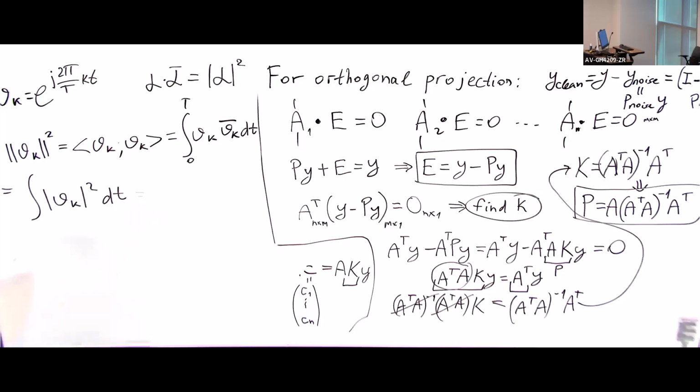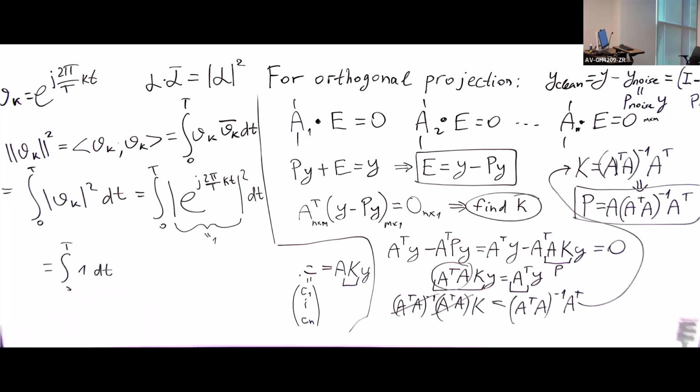So this will be the integral from 0 to T of the absolute value of exponent j 2 pi t k t, squared, dt. But what does that say? What is the absolute value of exponent of j times whatever theta? It doesn't matter what angle. It's always one. It's the unit circle, right? These are just angles on the unit circle. So this one is the integral from 0 to T of 1 dt.